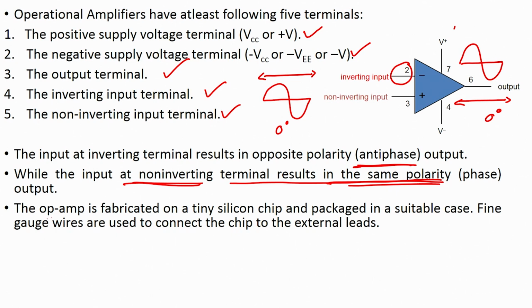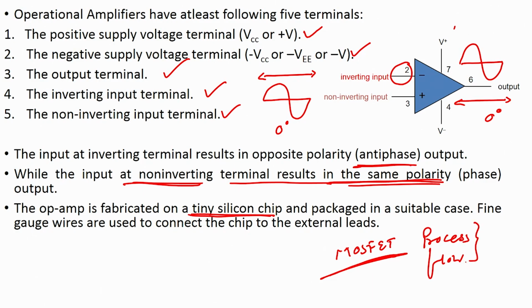Then what is another thing? The op-amp is fabricated on a tiny silicon chip, we have seen that, and this op-amp has billions of MOSFETs, billions of transistors, alright. And how to fabricate the transistor? We have seen how to fabricate a MOSFET, actually the process flow, not actual fabrication, but at least we know now how.